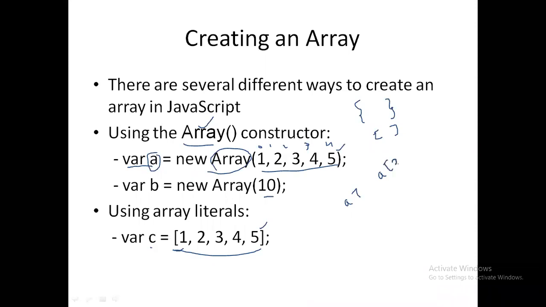When I say the third element of the array, what is the third element according to this? This is 0, this is 1, this is 2, this is 3. That means I'm going to get the answer as 4. So if I do like this, I'm going to get the answer 4.